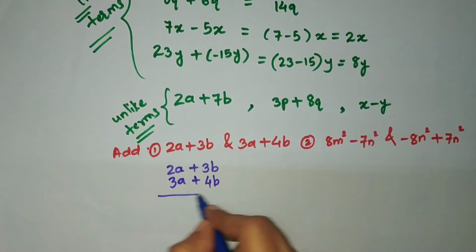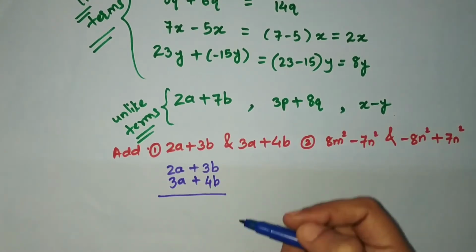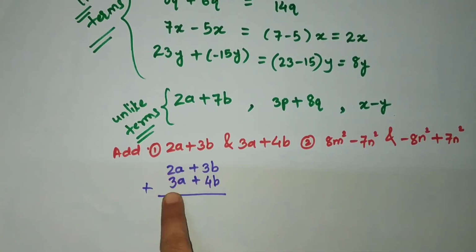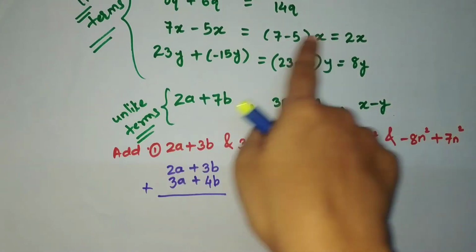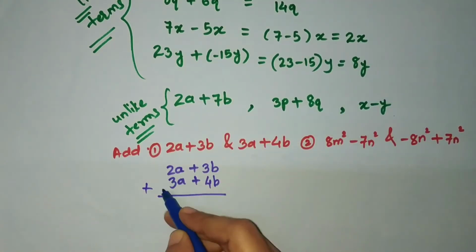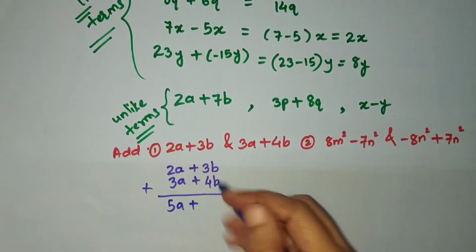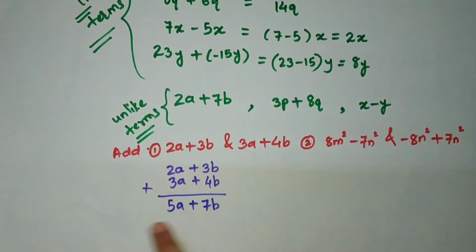And now you just need to perform the addition here. After adding, 2a will add with the 3a, like upside we have performed here. So 2 plus 3 will get 5a, plus 3 plus 4, what you will get? 7b. So in this case, these expressions you will add here.